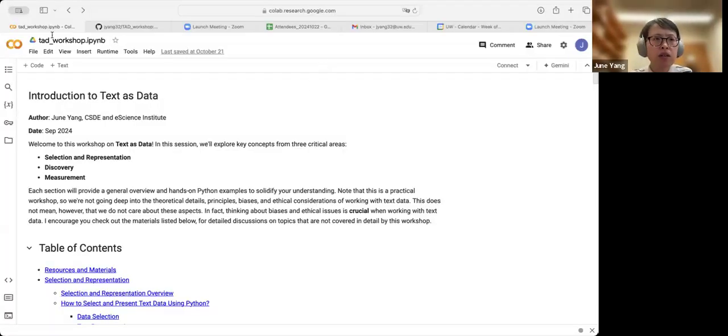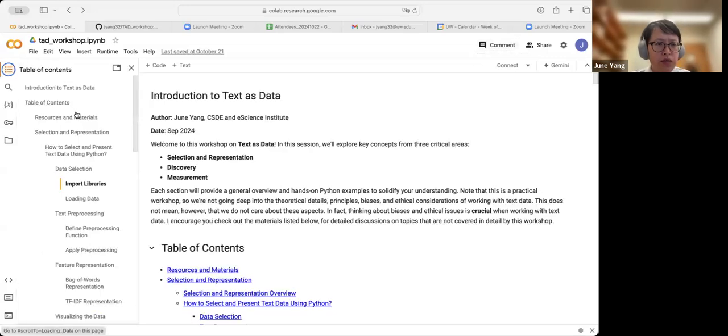Any change you make here will not be saved, so feel free to type anything and to experiment with the code as we proceed. And I'm also going to share this Colab file. If you have any questions during the process, or anything you don't understand, feel free to let me know anytime. Okay, so can everyone see my screen now?